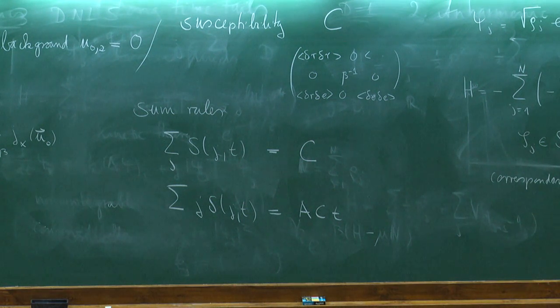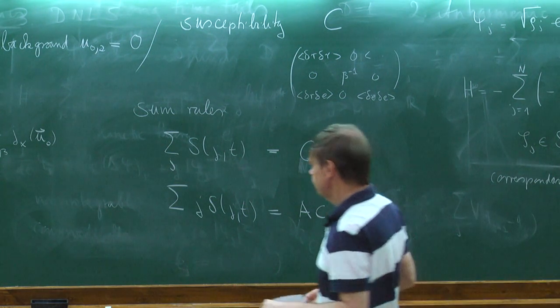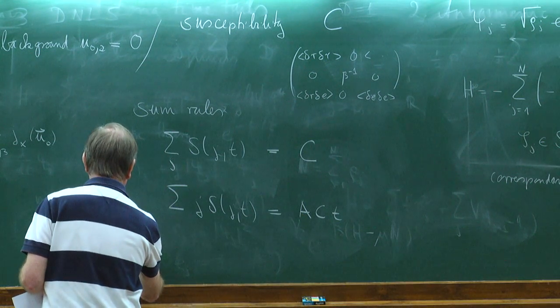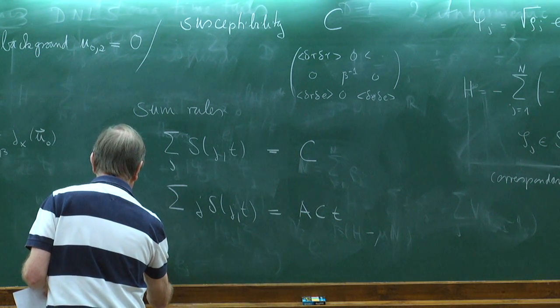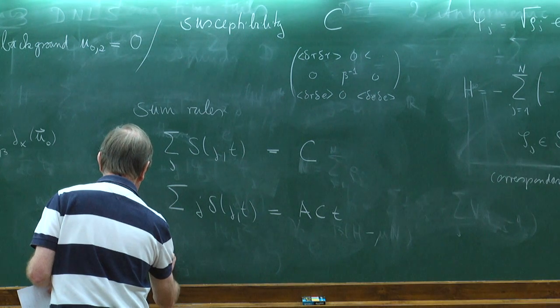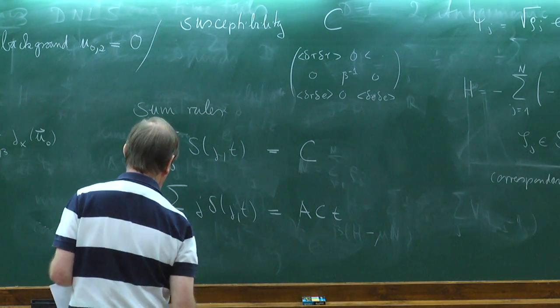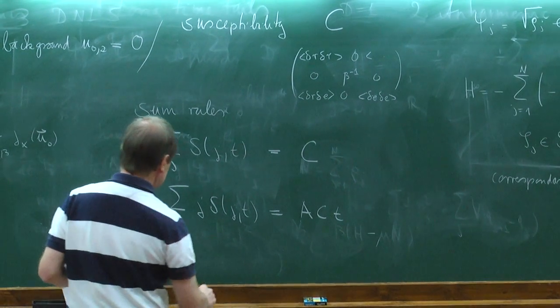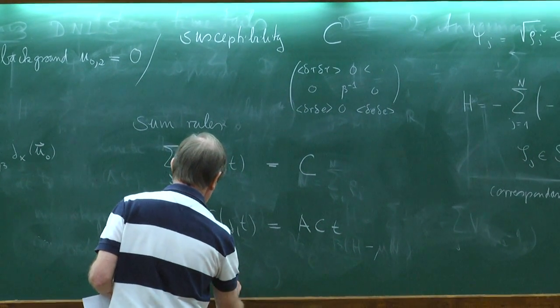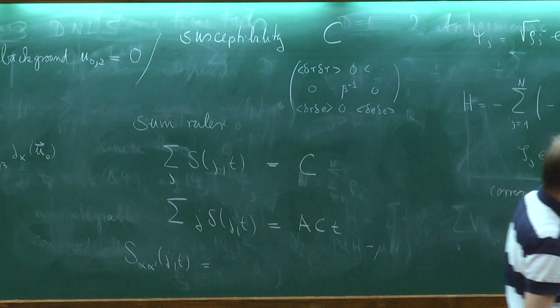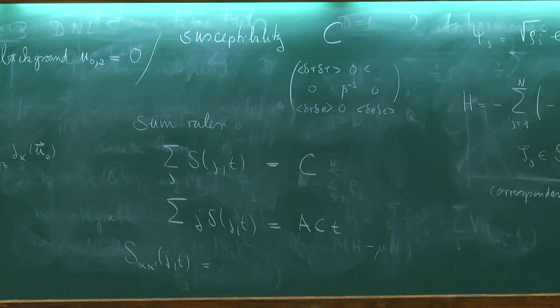So if I take S alpha alpha prime of J and T, I simply shift in both arguments.